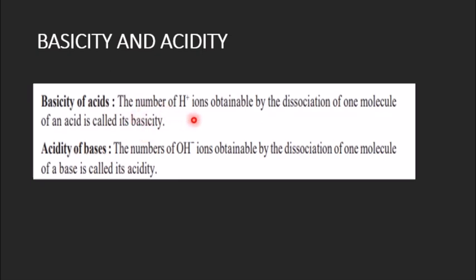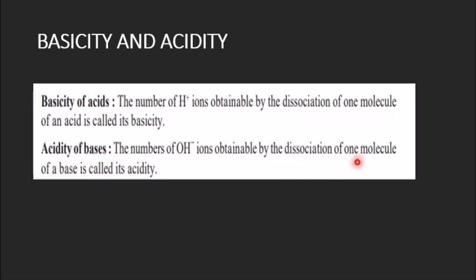For example, HCl gives 1 H+ ion. If it is H2SO4, we get 2 H+ ions. So this is called the basicity of an acid. Next is acidity of bases. This is the number of OH- ions obtained by the dissociation of one molecule of a base.